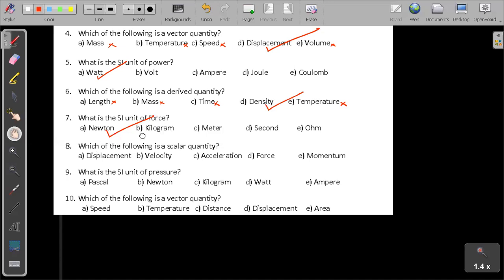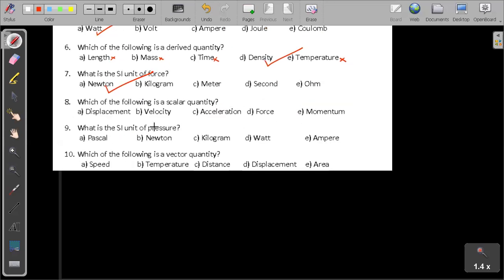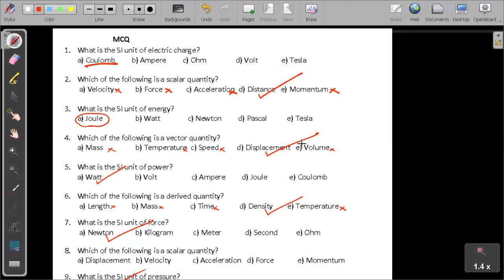That's a printing mistake. You can ignore. The ninth one. What is the SI unit of pressure? Pascal. Which of the following is a vector quantity? Speed not, temperature not, distance not, area not, displacement is yes.